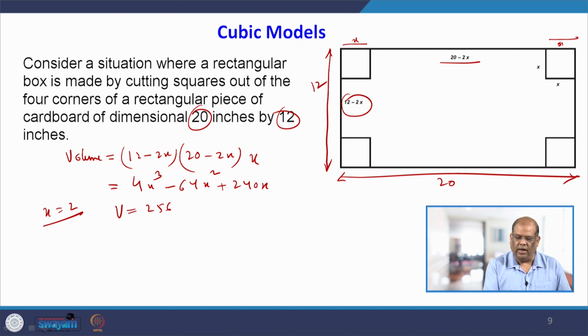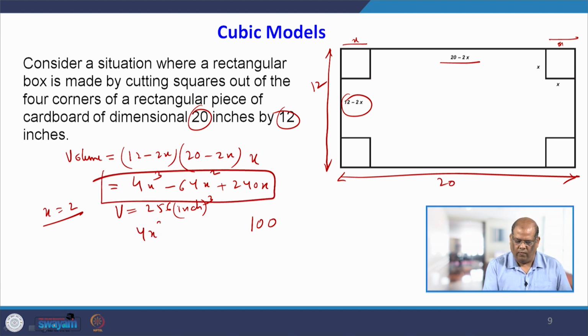256 inch cube, or cubic inch. Now, if somebody tells that no, I want the volume of this rectangular box to be 100, then you have this volume formula and you write 4x cube minus 64x square plus 240x equal to 100 and you solve this equation.